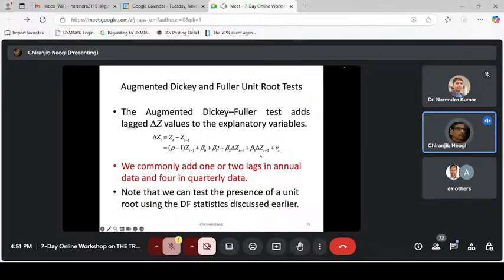This lag, how many lags I will take? The t minus 1 or t minus 2, like this. Now, note that we can test the presence of the unit root. Now, we call it Dickey-Fuller statistics.